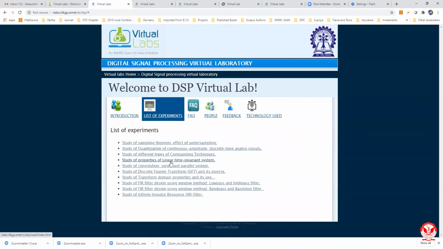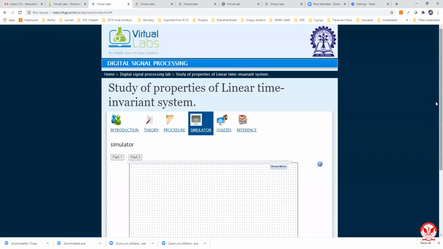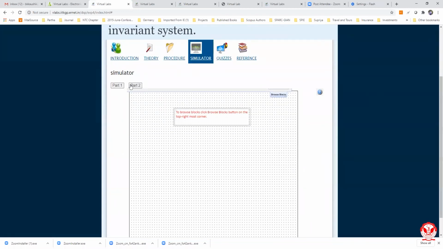The next one we proceed to is the properties of linear time invariant system. So start from here. It has two parts. The first part says about the linear property. The part 2 says about the time invariant property.